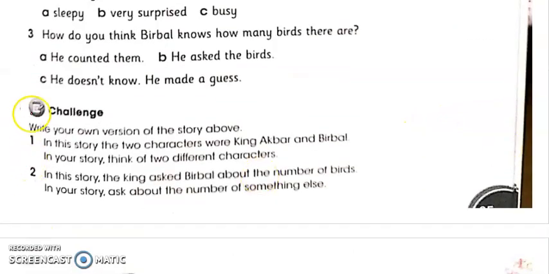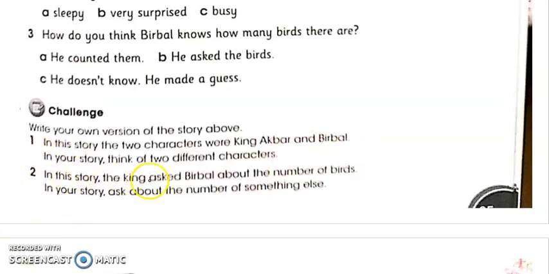Next is the challenge. Write your own version of the story above. In this story, the two characters were King Akbar and Birbal. In your story, think of two different characters. You can write two friends or a father and a son.